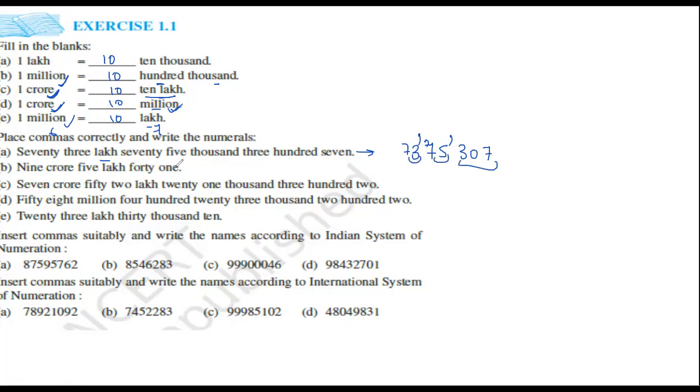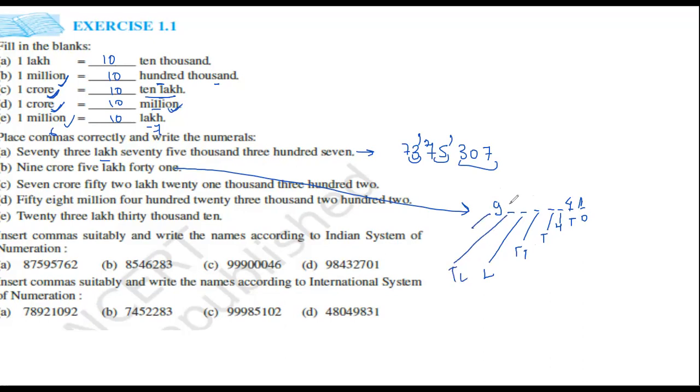Okay. So this one, 9 crore 5 lakh 41. If he's saying 9 crore, that means it will contain 7 digits after this. 5 lakh 41. 41 I'll put here, and he's saying 5 lakh. So it is ones, tens, hundreds, thousands, 10,000, lakh, 10 lakhs, and then crore.